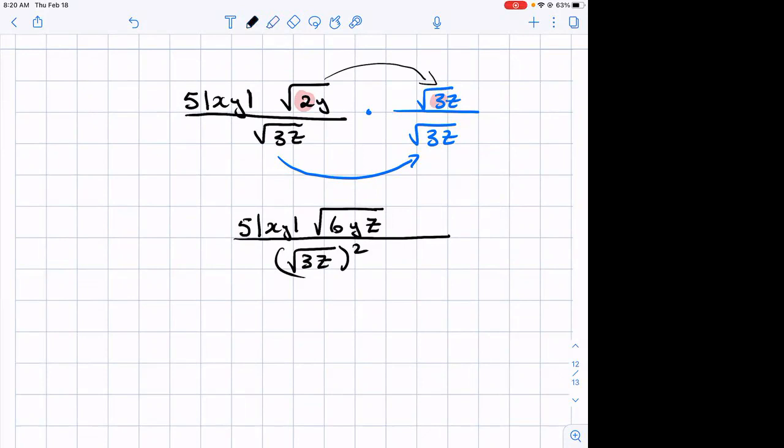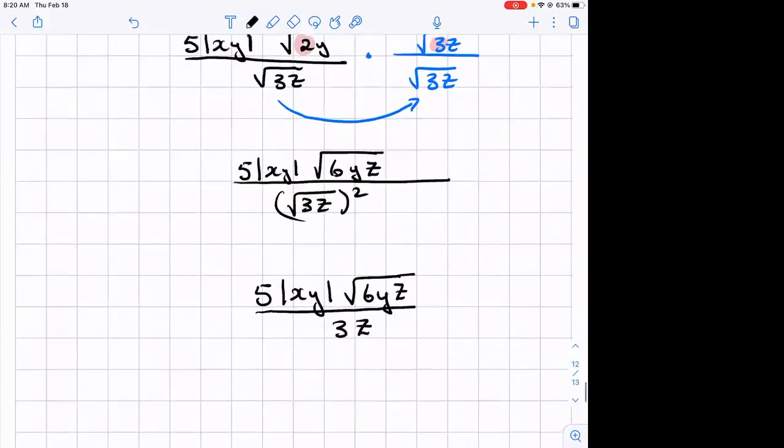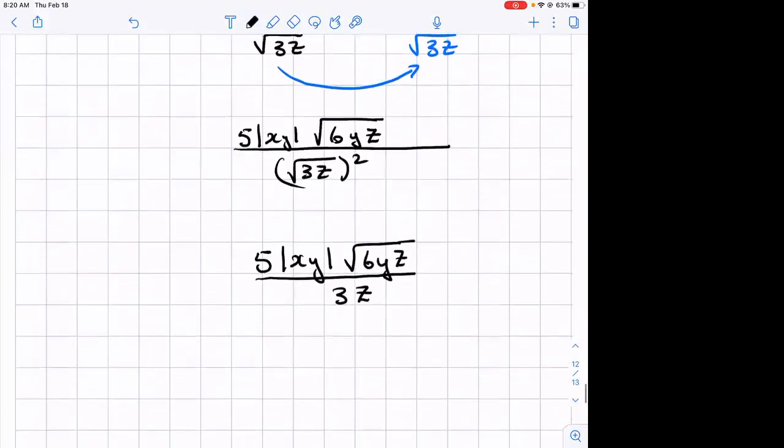So finally, we have 5 the absolute value of xy, the root of 6yz, all of that divided by 3z. Okay? And there is no more simplification because nothing can be cancelled. So here is our final answer.